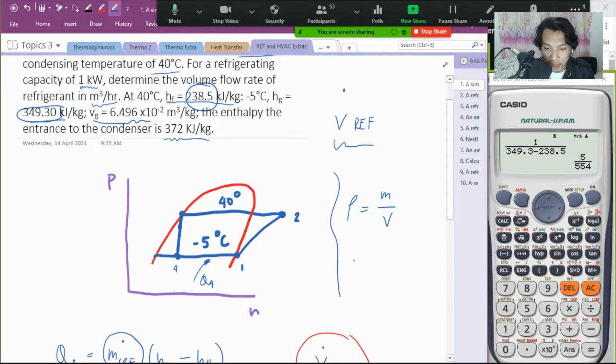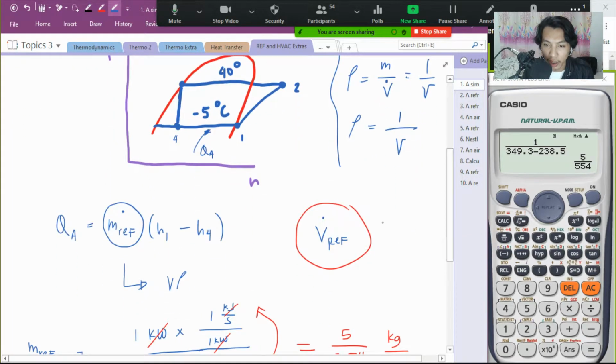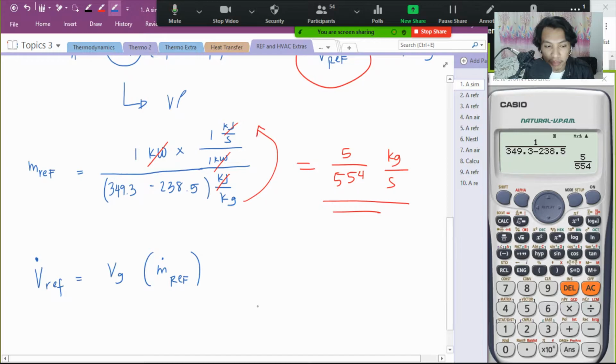Ang density mo, 'di ba, equal yan sa ano? Density is equal to 1 over yung specific volume. O, di multiply mo to in order for it to get the volume flow rate. Okay? That is equal to mass multiplied to specific volume, VG. O, ayun, multiply mo na.